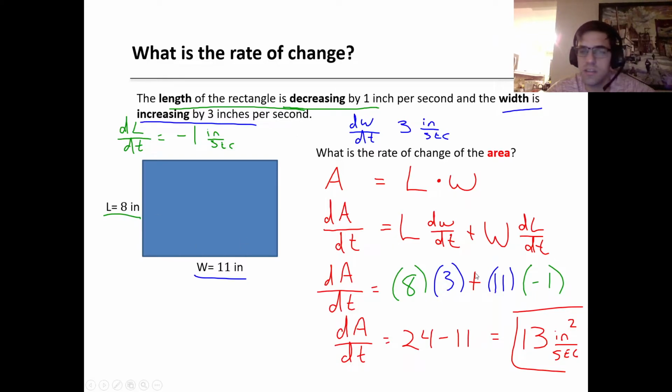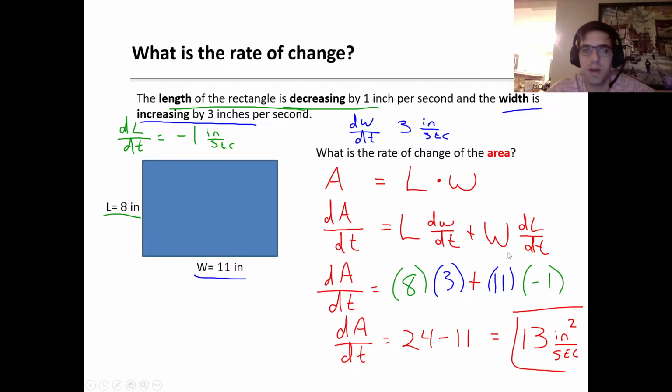Length is 8 inches, width is 11 inches. The dw dt, the change in width over time, is 3 inches per second. It's increasing, so it's a positive 3. The length is decreasing by 1 inch per second, so dl dt is negative 1.